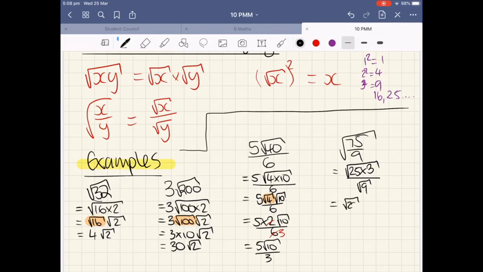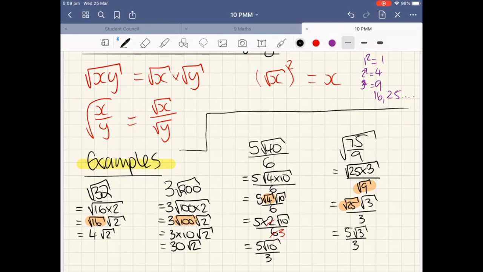Then using that first surd rule, we write that as root 25 root 3, and I'm going to divide that by 3. So I'm going to evaluate that root 9 on the denominator there. In the next step, I can see that root 25 hiding there, and I'm going to evaluate that as well because that is rational. That will give us 5 root 3 on 3. Awesome.